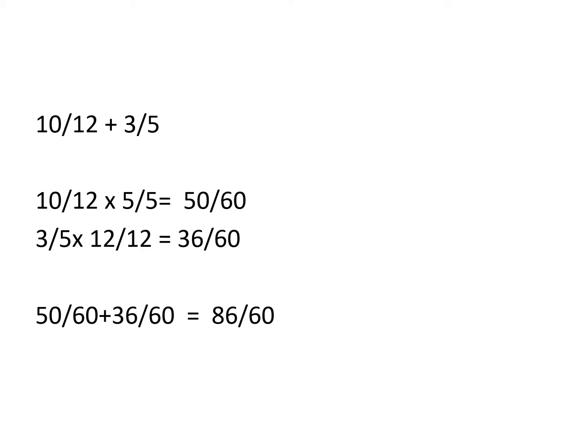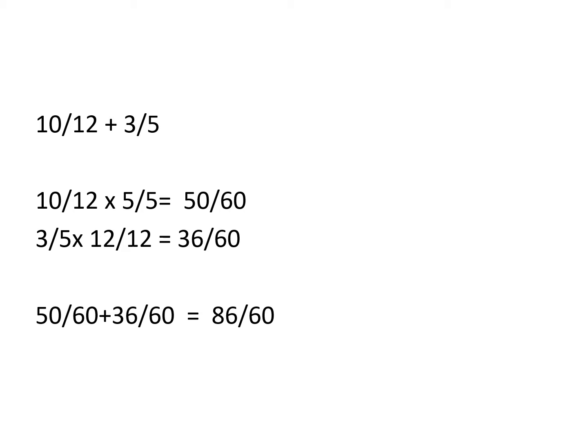Now see the next example. First one, 10/12 plus 3/5. Both have different denominators. That's why both are unlike fractions. Write down the first fraction. Which one is the first fraction, children? Yes, 10/12. And the denominator of the second fraction?